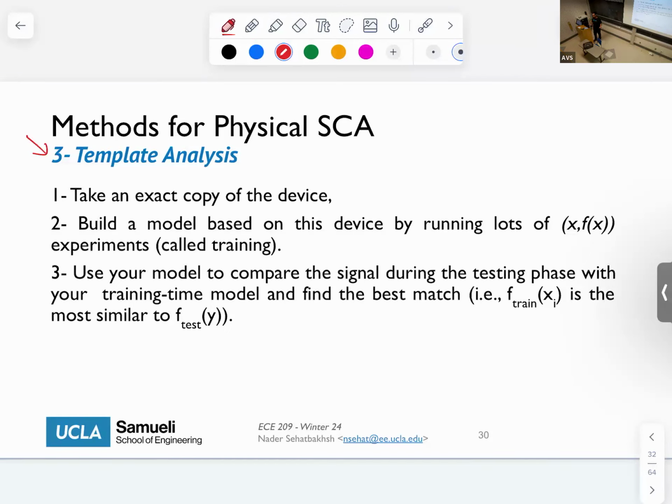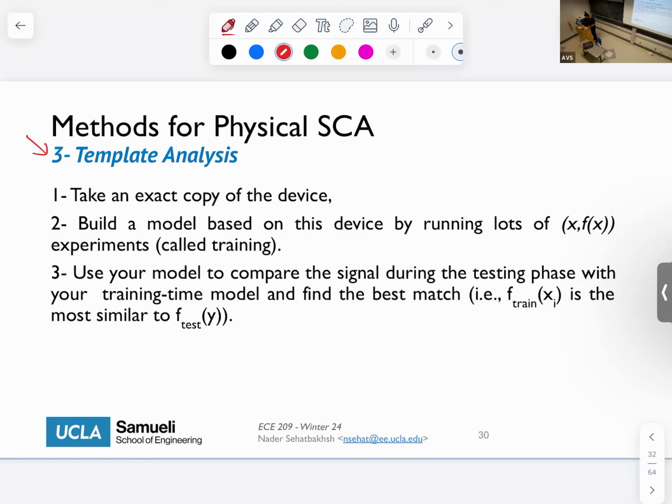I have full control over that system. So I can build a model that knows exactly what the key is when certain things are happening, and all those things. I have a controlled environment of everything, including the secret. I build a model based on that, and now that I have my model, I'm ready to attack the device that I want to attack.